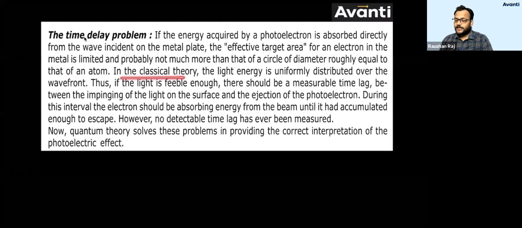In classical theory, the light energy is uniformly distributed over the wavefront. Thus, if light is feeble enough, there should be a measurable time lag between the impinging of the light on the surface and the ejection of the photoelectron.